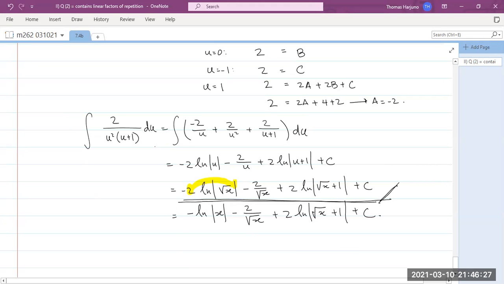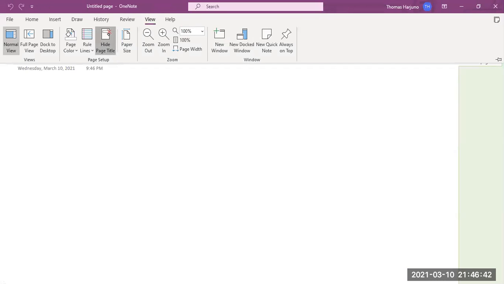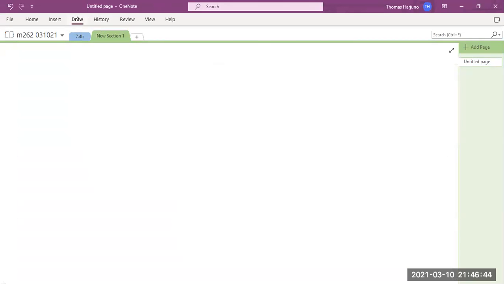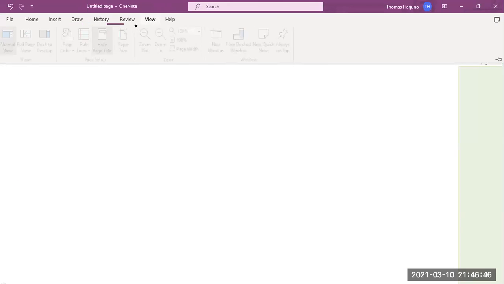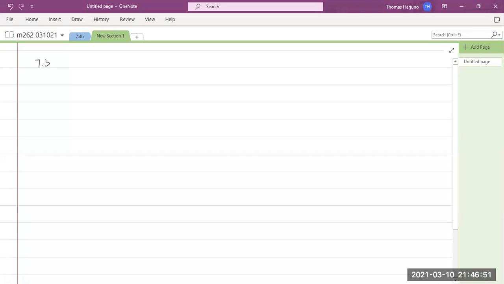Oh, okay. Now, the reason I don't really spend time with 7.5, and I would just ask you to start working on that on your own, is because 7.5 is just one sentence. 7.5 is a strategy for integration.